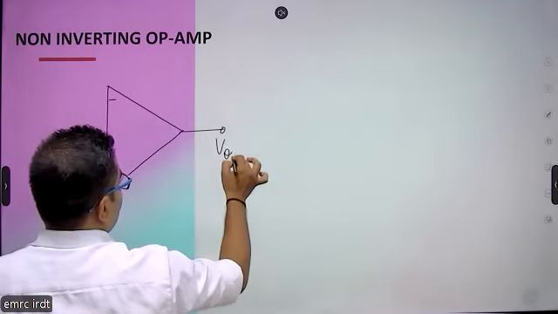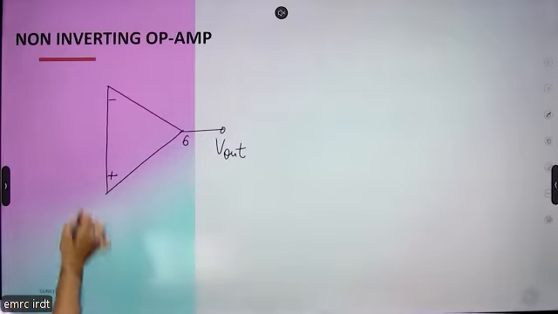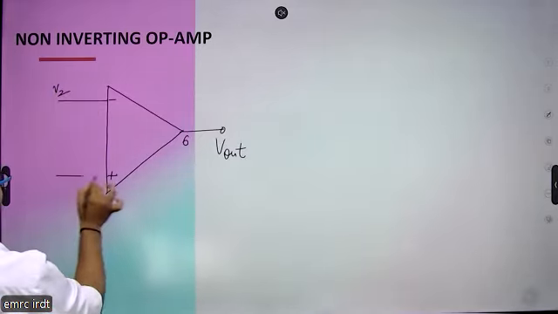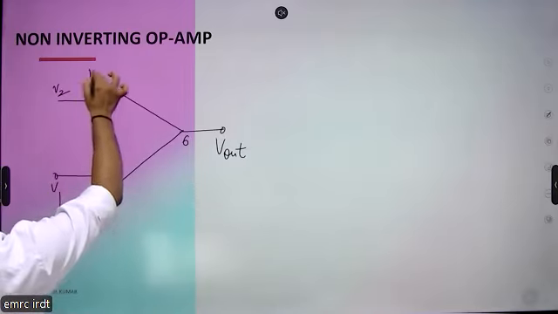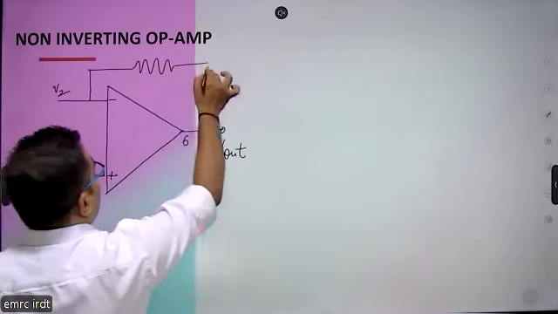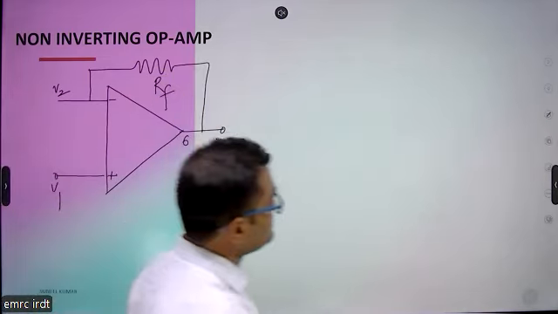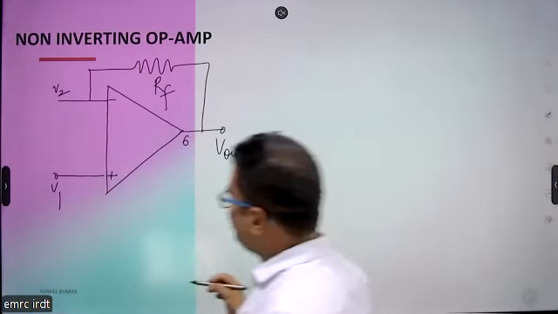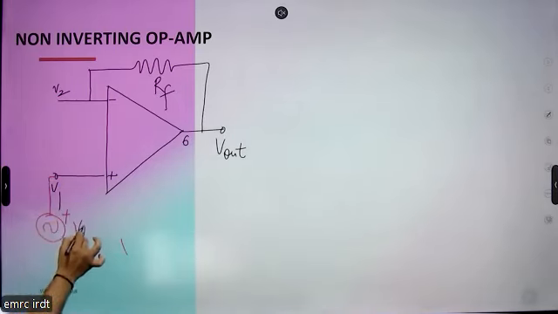This is the output, which we get at pin number 6. This is the inverting terminal and this is the non-inverting terminal. A feedback resistance is connected between the inverting terminal and the output. Since this is the non-inverting amplifier, we connect our voltage at the non-inverting terminal. This is V input.